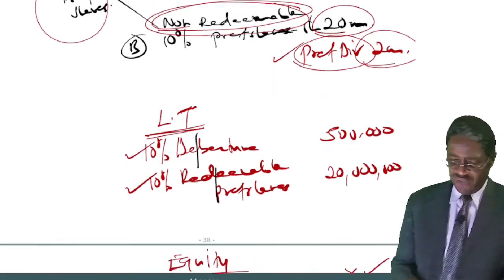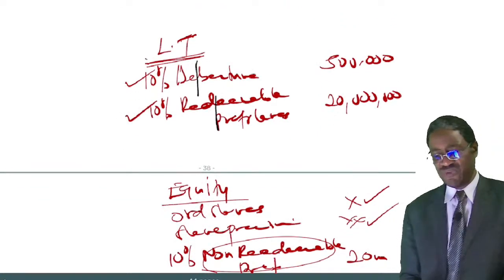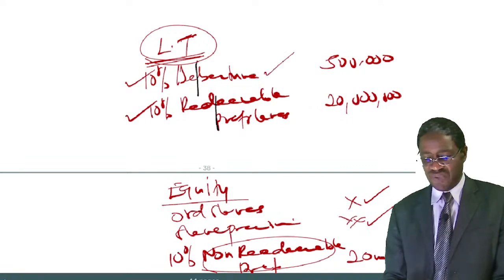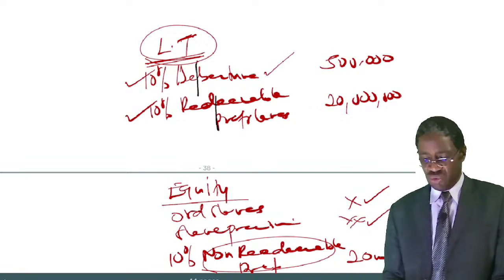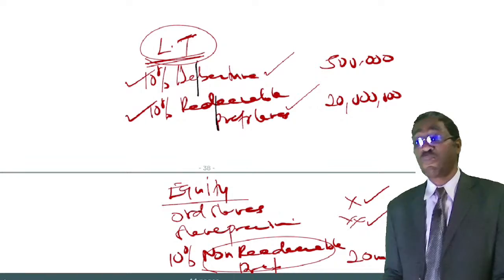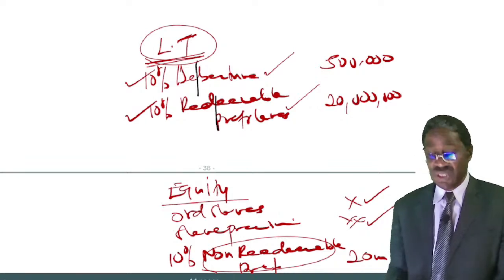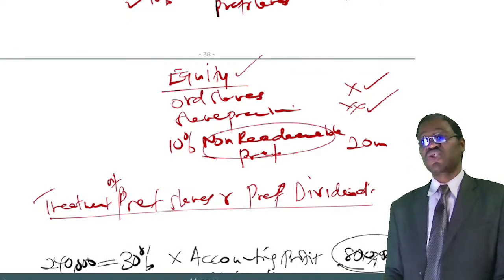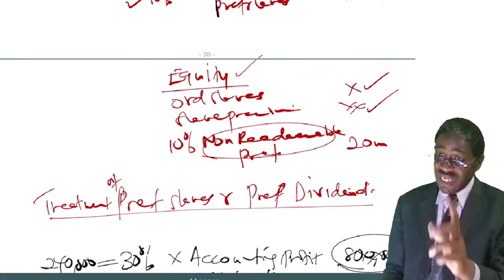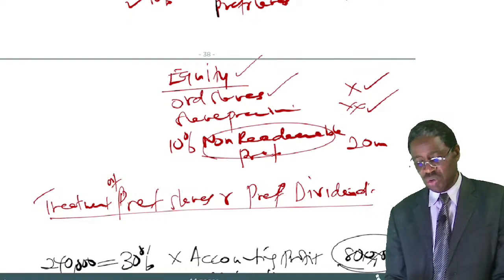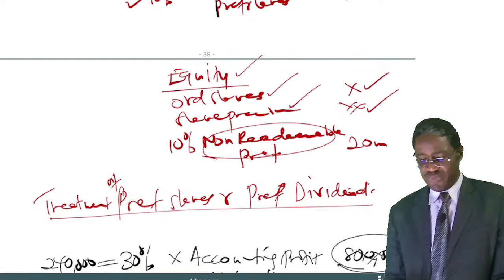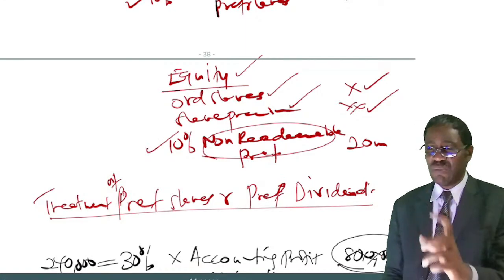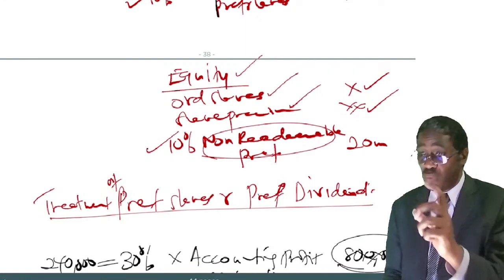Good. You can even see here, we have shown that if you are preparing the balance sheet, among the long-term liabilities, you could have debentures and redeemable preference shares. Then, among the equities, you could show ordinary share capital, share premium, and among them, the non-redeemable preference share as a component of what?